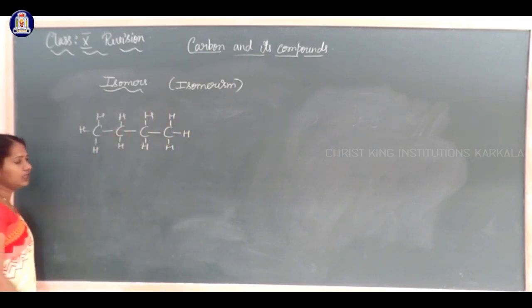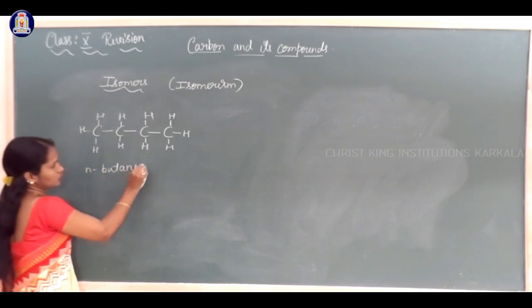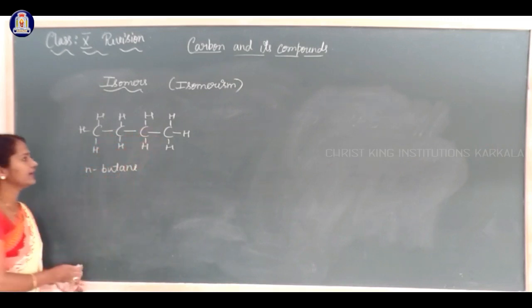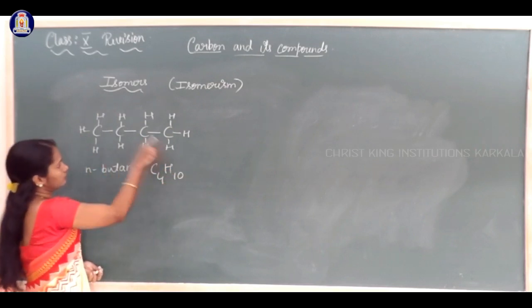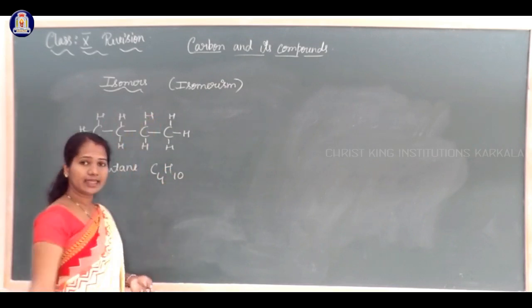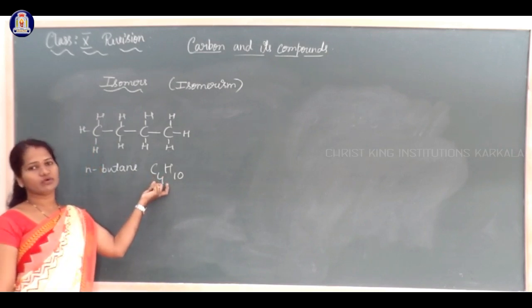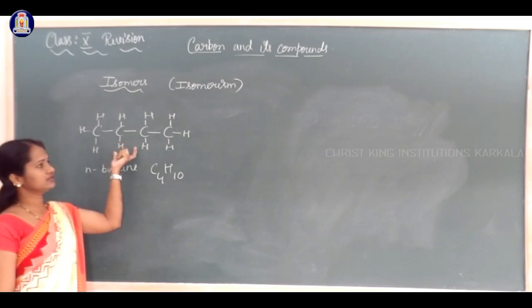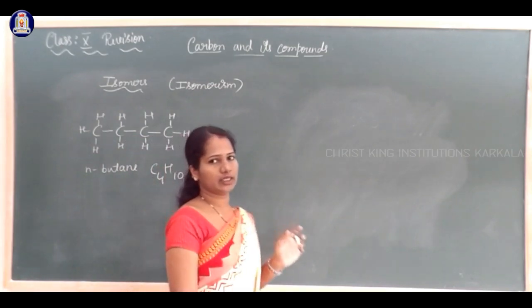This compound we call N-butane or normal butane, which contains 4 carbon atoms, C4, and 1, 2, 3, 4, 5, 6, 7, 8, 9, 10 hydrogen atoms. So the molecular formula is C4H10. The name of the compound is N-butane, the structure of normal butane, or simply butane.